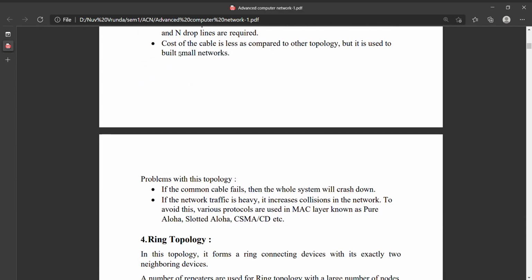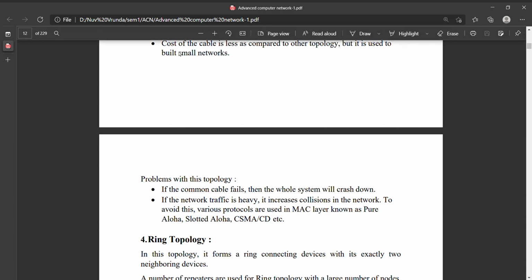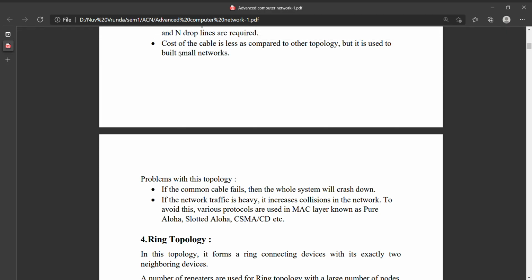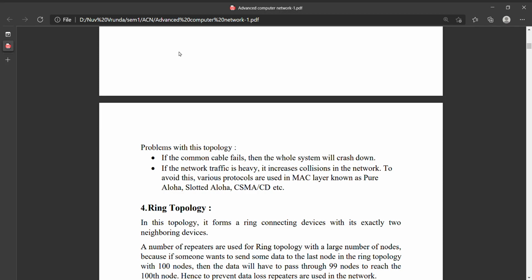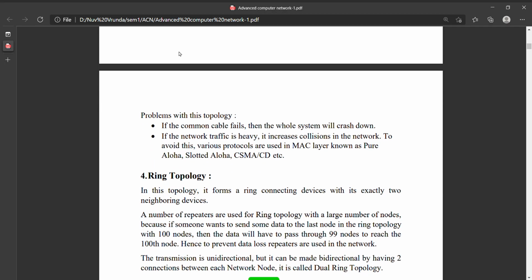Or network traffic heavily increases, causing collisions in the network. To avoid this, various protocols are used in the MAC layer, known as pure Aloha, slotted Aloha, and CSMA/CD. So how can we protect our system from network traffic, like collisions and traffic available here.